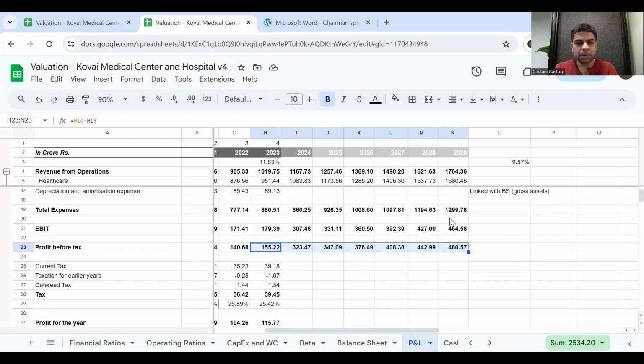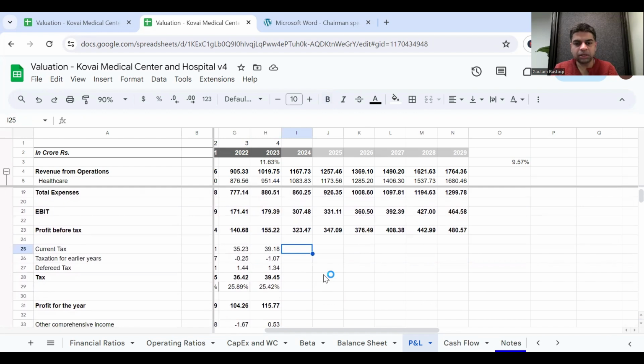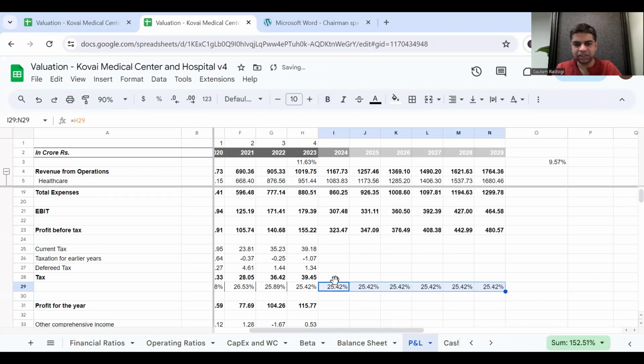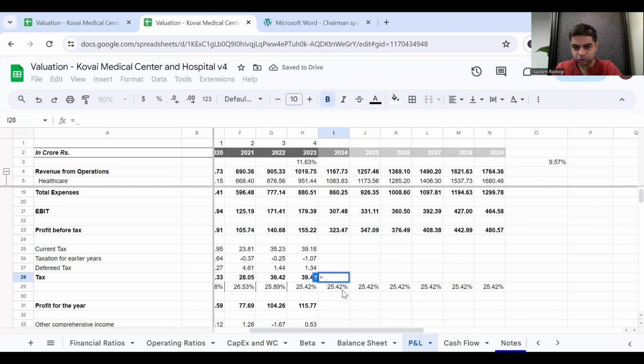All right, current tax. The tax rate is 25.42%: tax divided by profit before tax, which is very close to the actual corporate tax rate. So I'm going to assume the same tax rate. The tax rate multiplies with profit before tax, and that's how you estimate tax.